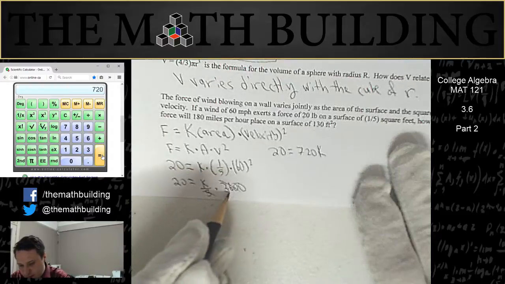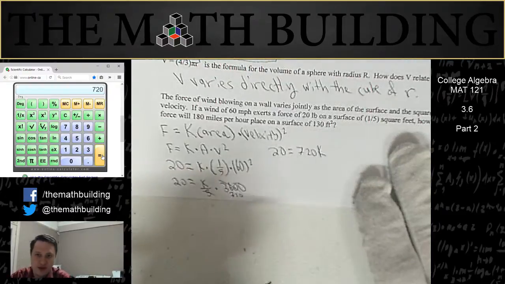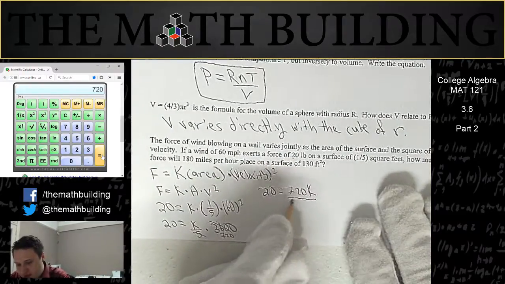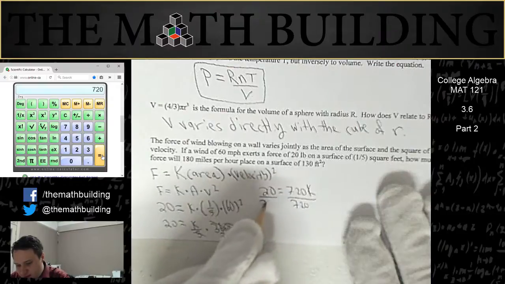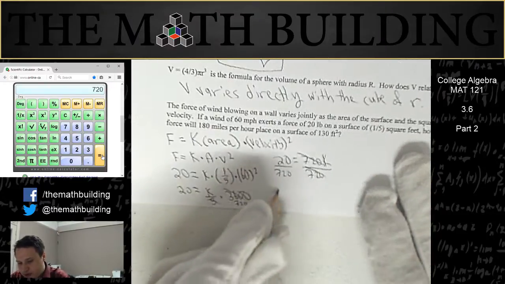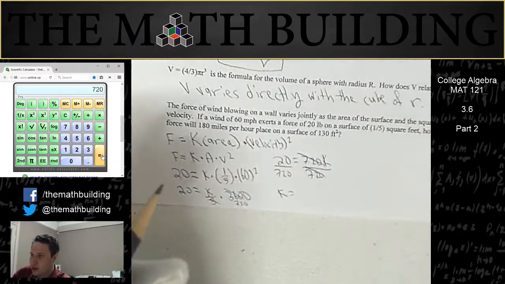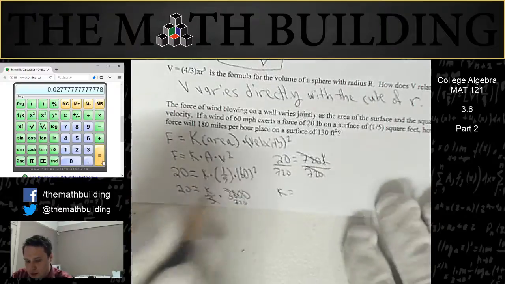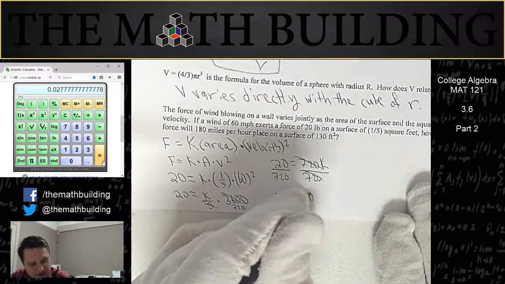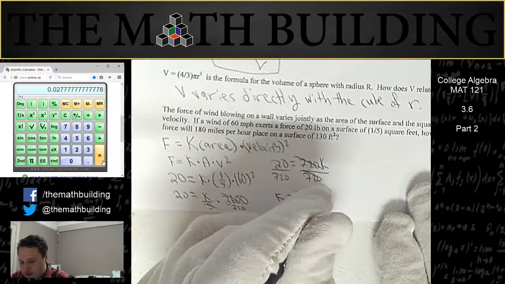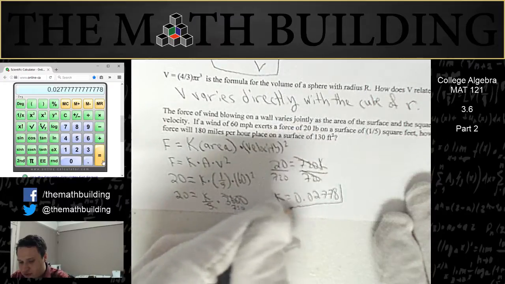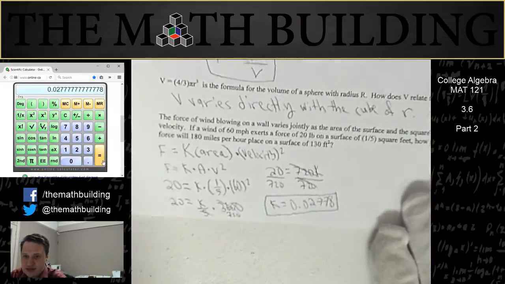That became 720. So I have 20 equals 720k. Divide both sides by 720. So k is equal to, and I'm going to go ahead and turn this into a decimal, 20 divided by 720, 0.02778. So there's my constant of variation right there.